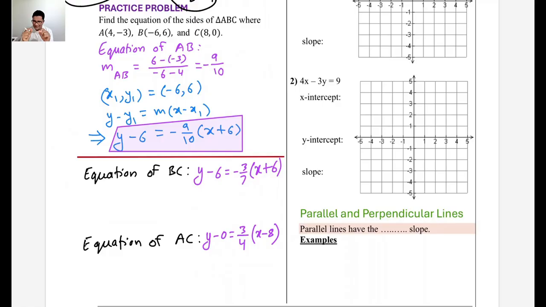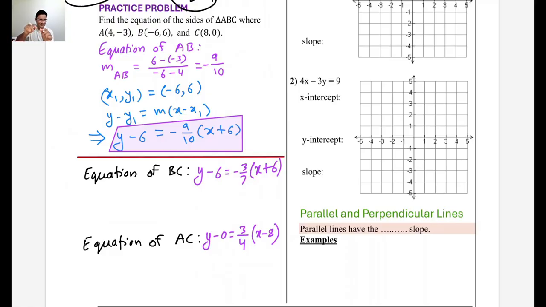Now, it is possible that you used a different point in one of them, right? What if you had chosen the other point as your x1, y1 to use in the point slope form? Equation would have looked slightly different.